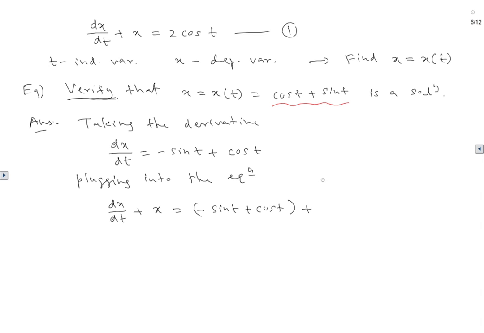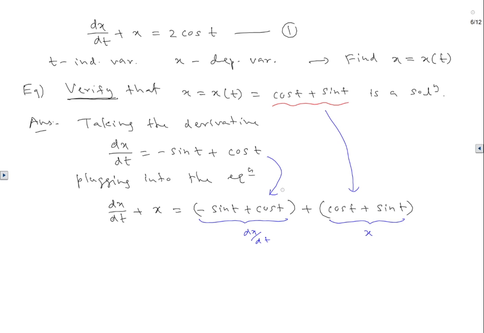What is x? x is cosine t plus sine t. So this is the dx over dt, and that is the x. Good.